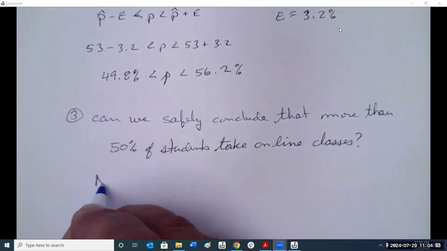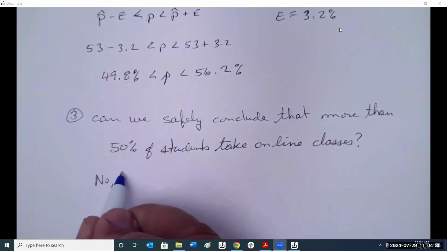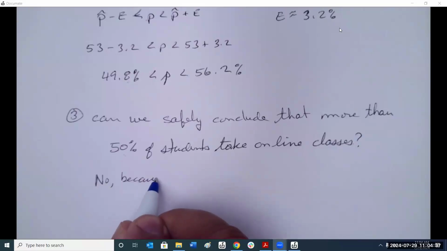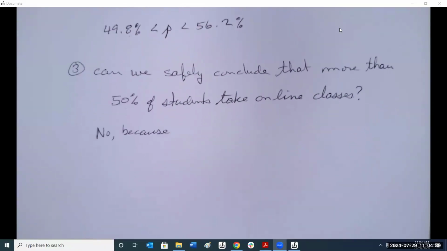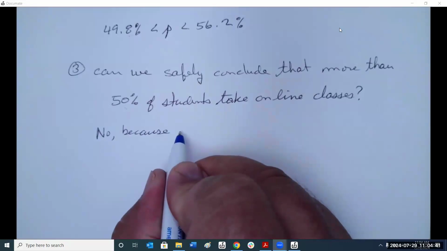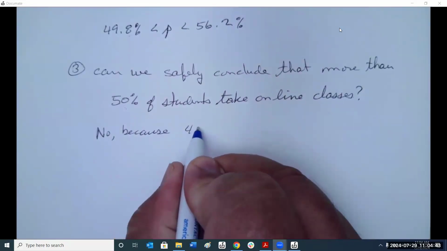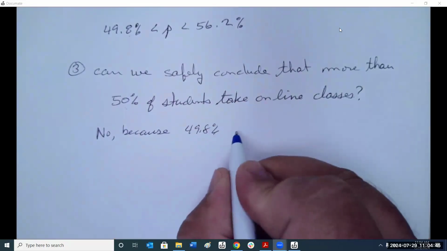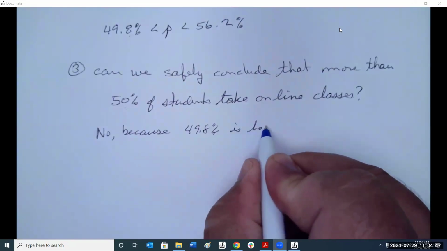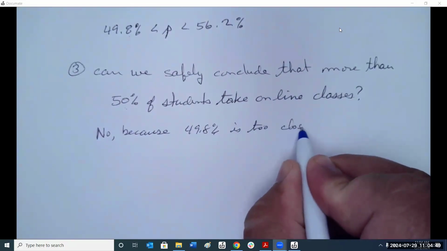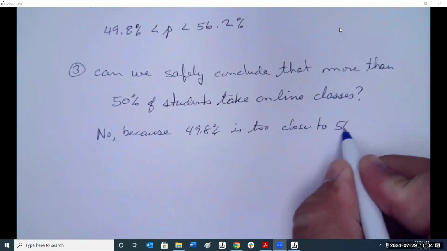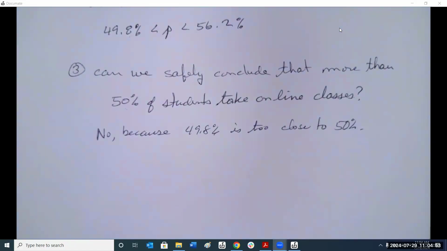So no. Because 49.8 is too close to 50% to be confident.